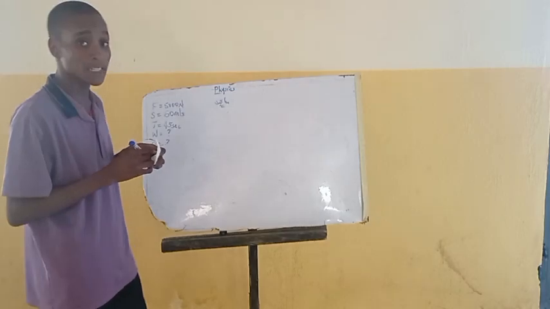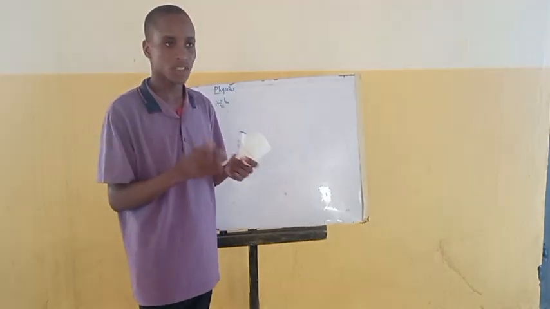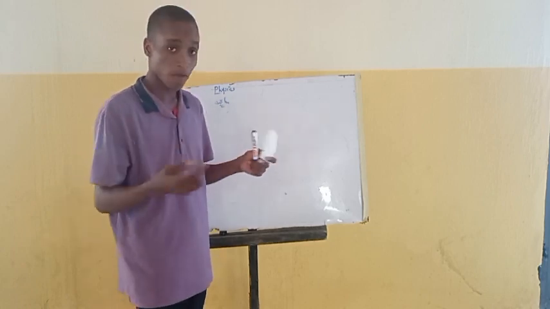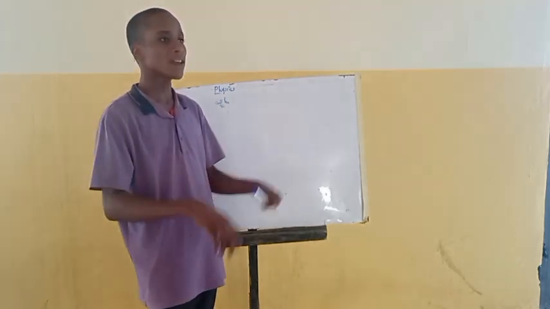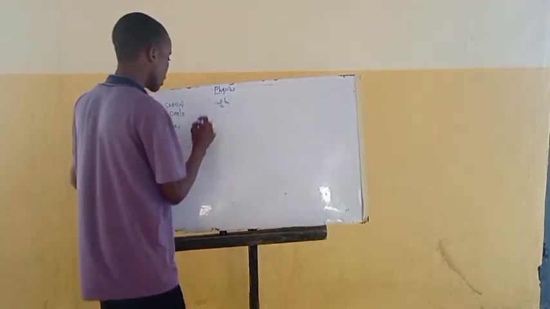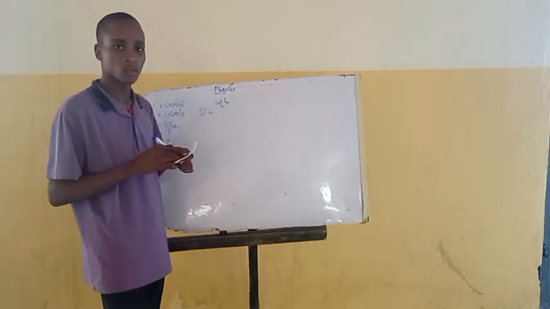Remember, distance has a formula. Almost all these vector, scalar, all these quantities, they all have formulas which you can use to derive one another or to get one another. So distance is equals to, are you following up?